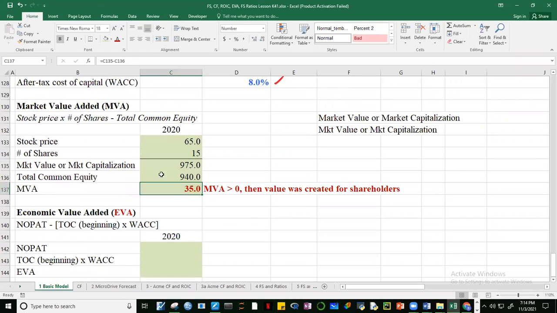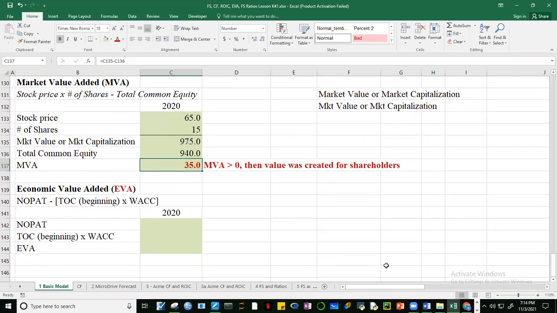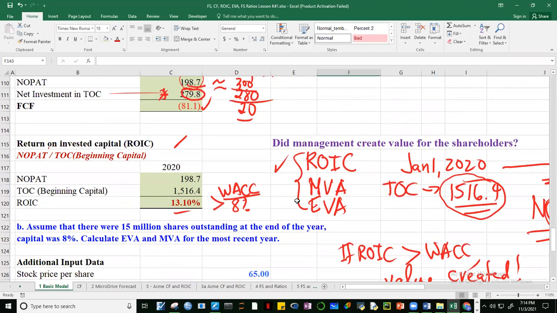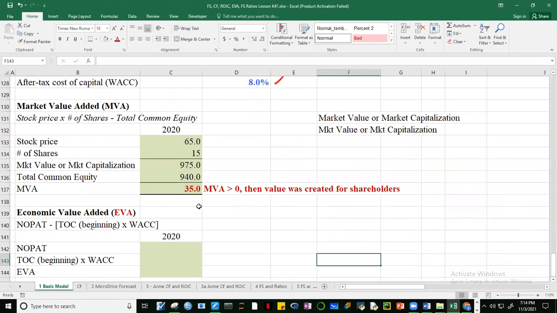Capital appreciation yan, guys, no? That's capital appreciation. So as far as ROIC is concerned, 13.1% is greater than the WACC of 8%, value was created. As far as MVA, market value added, greater than 0, then value was created also.